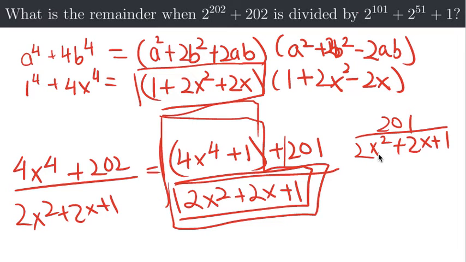Most likely not, since x is already bigger than 201, we know that 201 divided by this value cannot be an integer. And so from this, we can easily see that 4x to the power of 4 plus 1 cannot be part of the remainder, and only 200 will be the remainder. So our answer to this problem is going to be equal to 201.